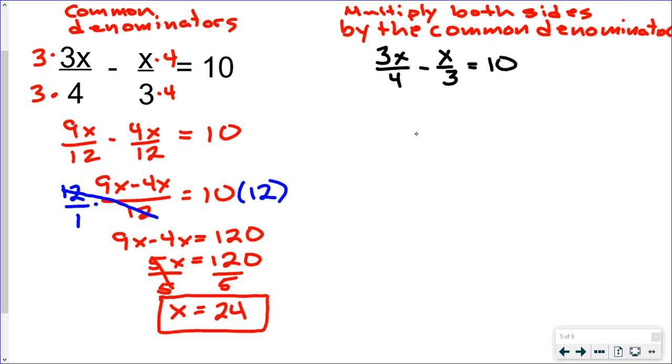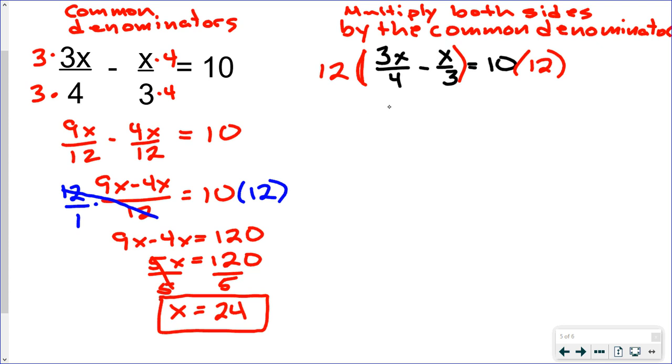All right, so we said the common denominator would be 12. Now, here's the key. When I multiply, so I'm going to multiply both sides by 12, okay? When I multiply this side of the equation by 12, I need to use parentheses. I'm multiplying this whole side by 12. So not just one of these, but both of these. So that's going to be the distributive property here. Okay, so I'm going to multiply both of these by 12.